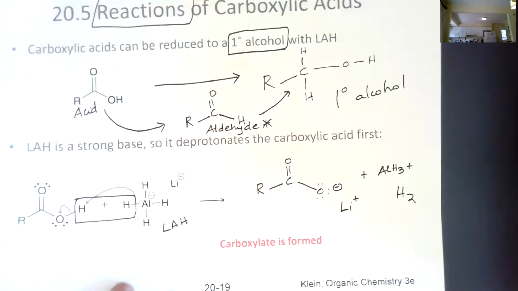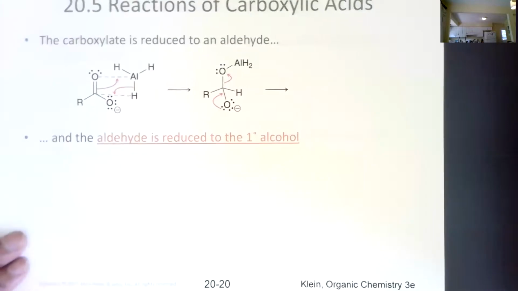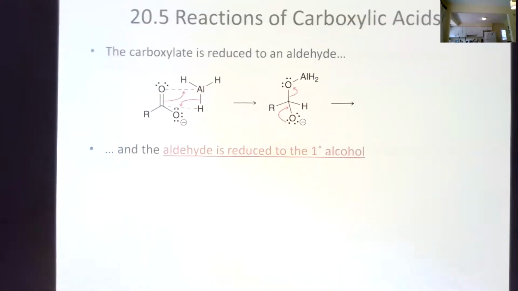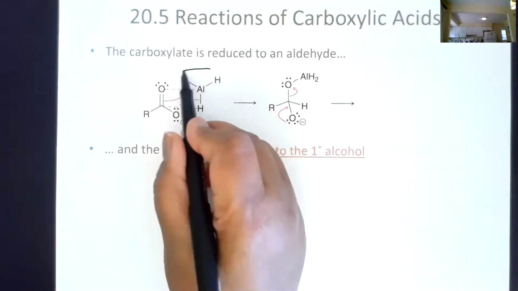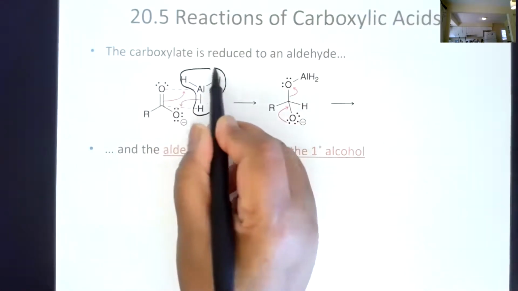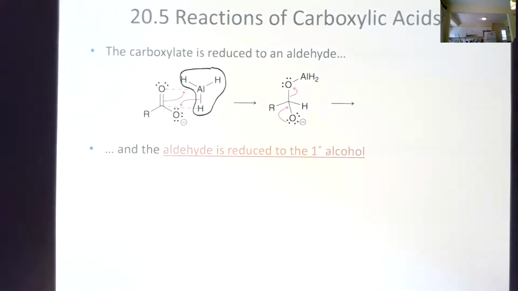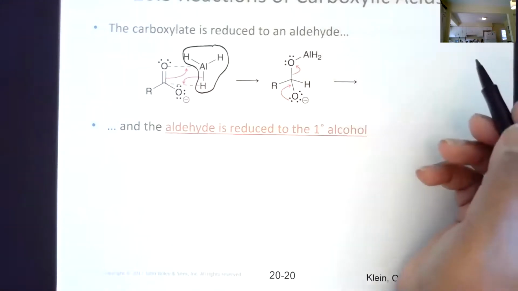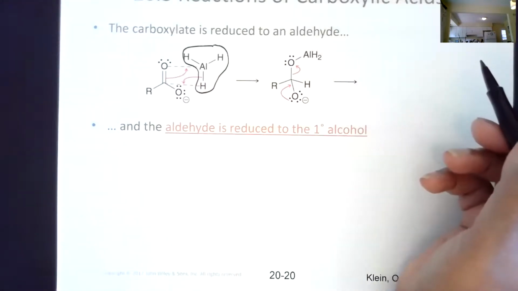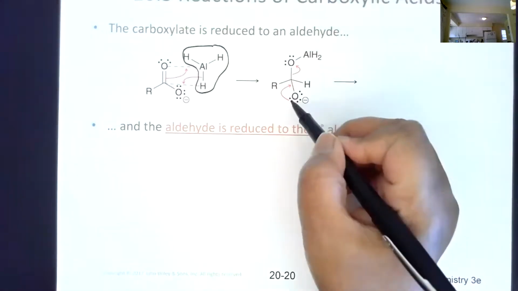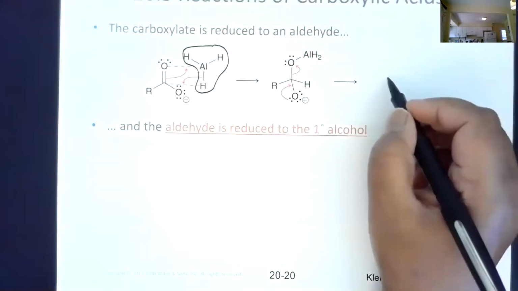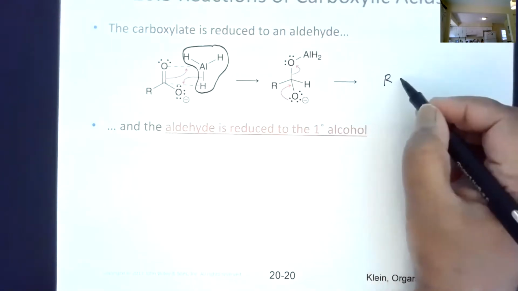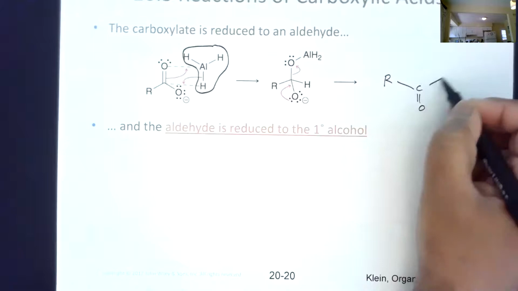So let's look at the steps. So remember, AlH3 is formed. So this is like our 2+2 cycloaddition. All the changes. You don't have to know the mechanism for this one. So this folds in, that leaves, and ultimately you get an aldehyde.